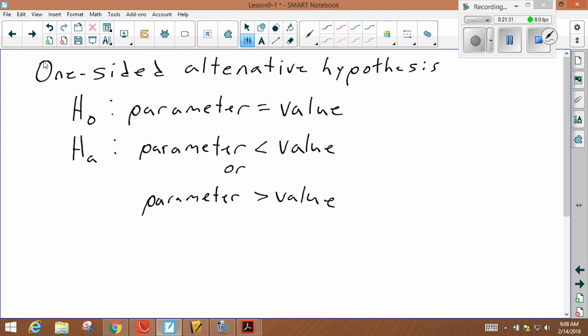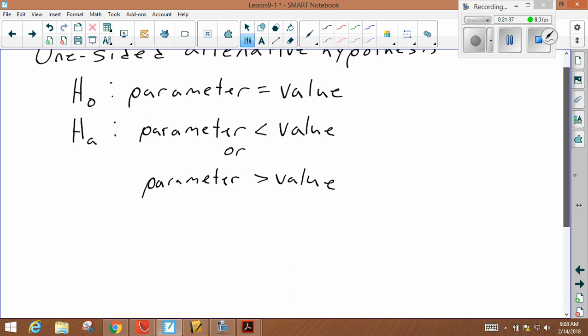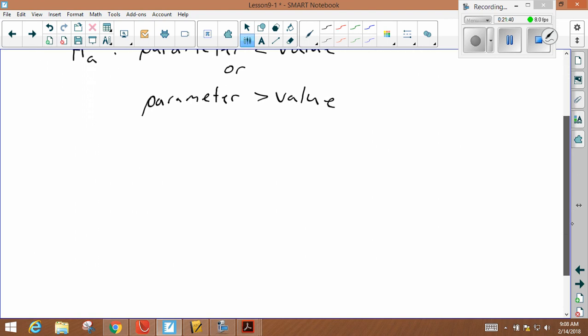So that's what a one-sided alternative hypothesis looks like, okay? However, there's another option. We could have a two-sided value, okay? So we could have a two-sided alternative hypothesis.